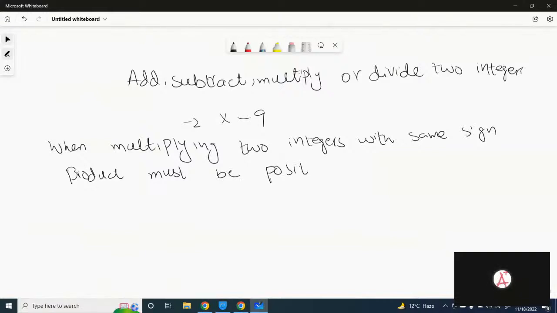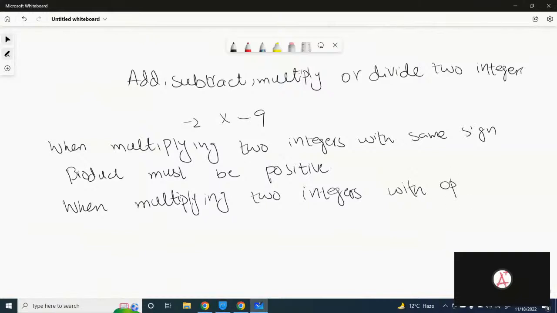Got it? This is a very important point. Please note it down. The other one is when multiplying two integers with opposite signs or different signs, the product must be negative.